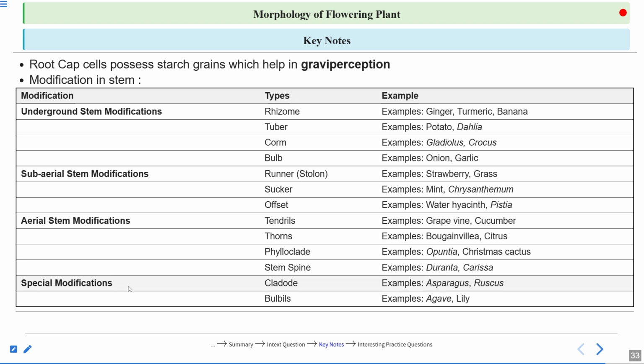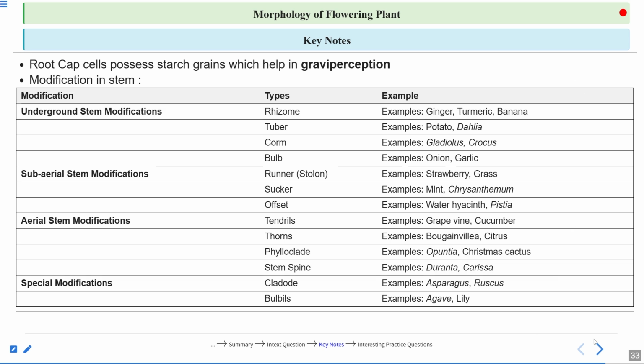Special modification, cladode: asparagus and Ruscus. Bulbils we see in the case of agave and lily. So these are the different stem modifications. Though it is not given in the NCERT book, they are still very, very important, so you can study them.